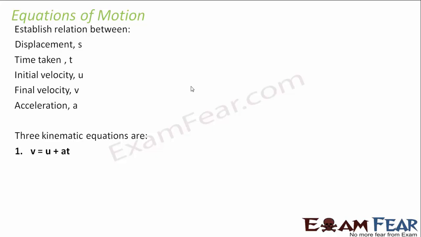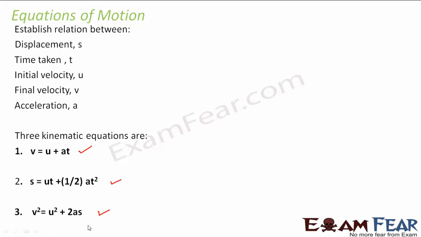So the kinematic equations are, the first equation is V is equal to U plus AT. The second equation is S is equal to UT plus half AT square. And the third equation is V square is equal to U square plus 2AS. So these are the 3 equations of motion.